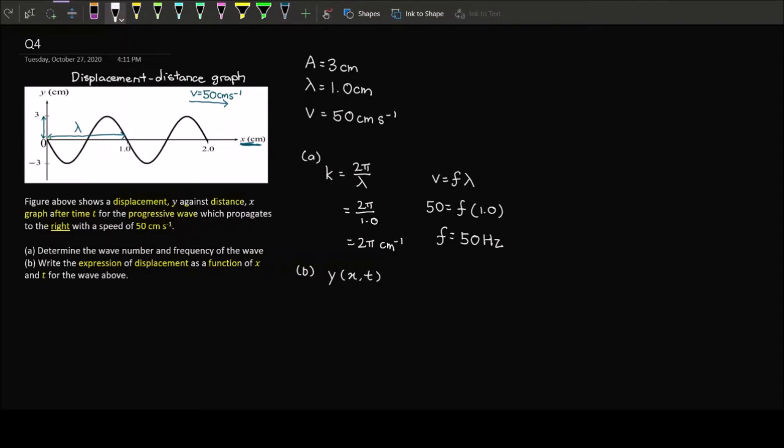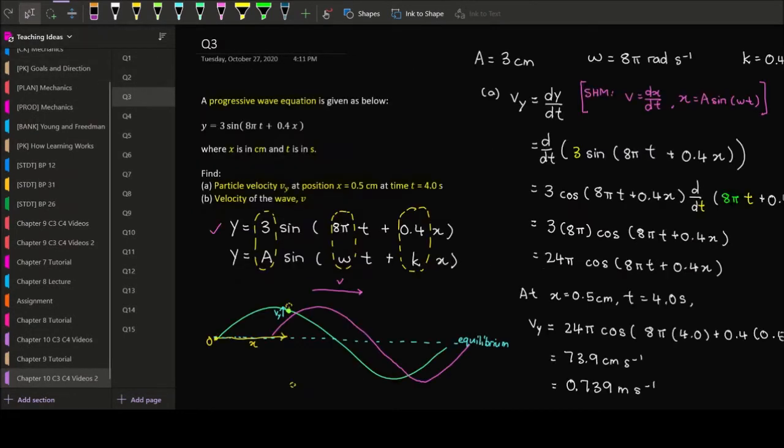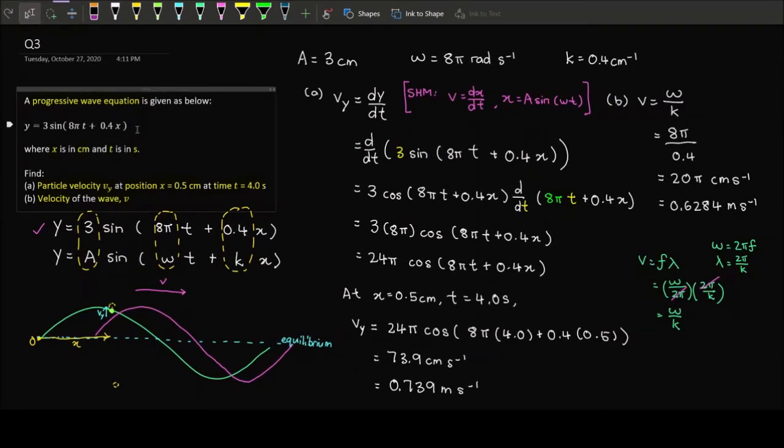Well, does it ring any bell for you for now? If not, you have encountered it in the last question actually. So if you look over here, this is a progressive wave equation. Here you have an expression which is y, and it's expressed in terms of t and x.